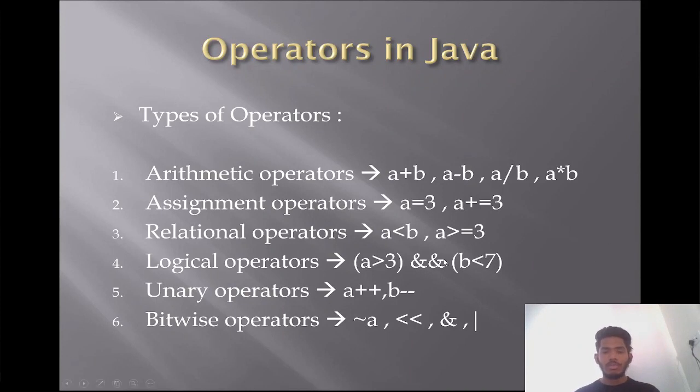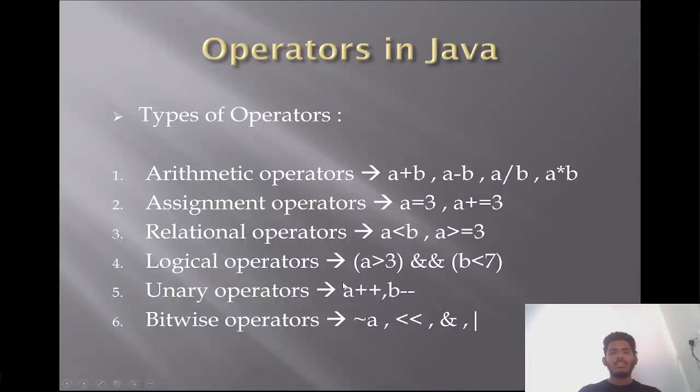Then the relational operator. We can use the operators to check the relation between two values, like if a is less than b, if a is greater than b, or equal to b. For that we will use the relational operator. Then logical operators: and, or, not, just like gates in physics. We can use double ampersand, which works as and, and double or, which works as or.